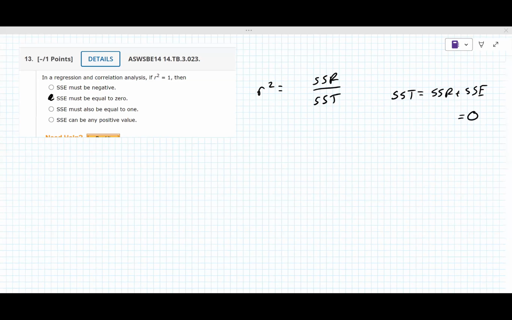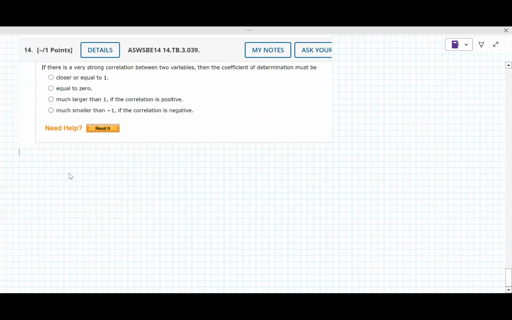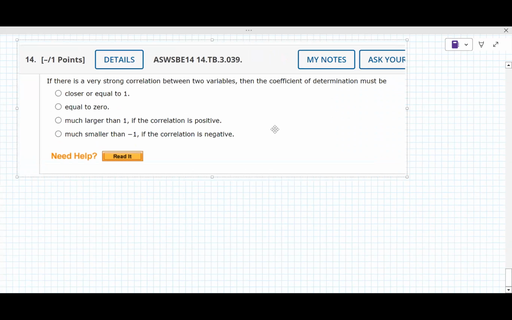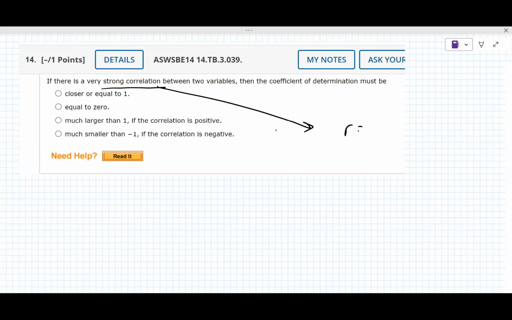14. All right, if there's a very strong correlation between two variables, then the coefficient of determination must be. So strong correlation would be, for example, an R value of like plus or minus 0.97. Could be positive or negative, but notice when you square it, the negative goes away.